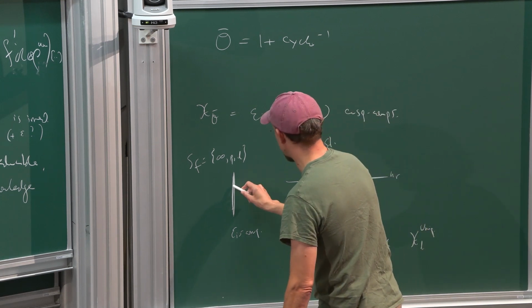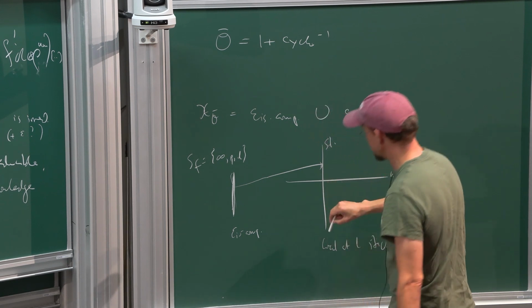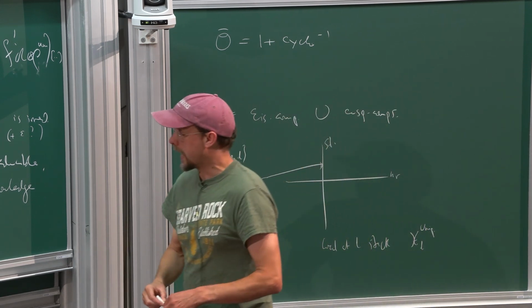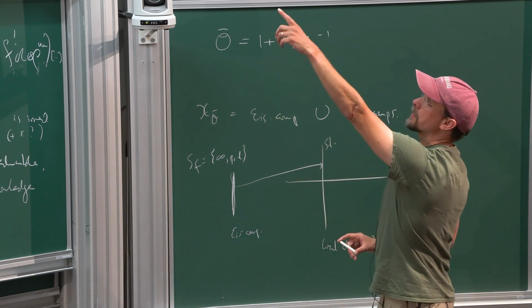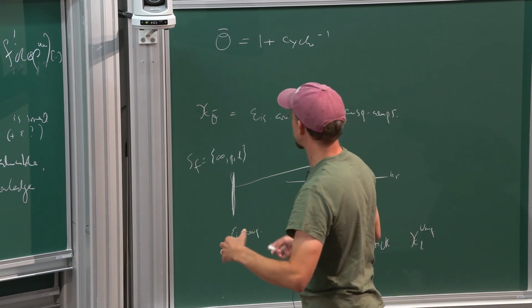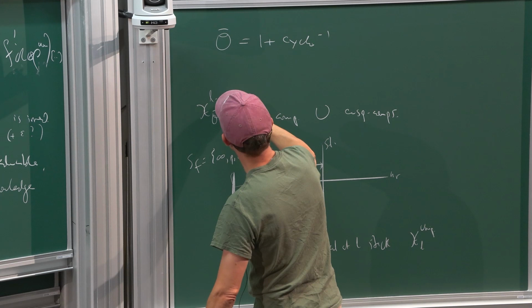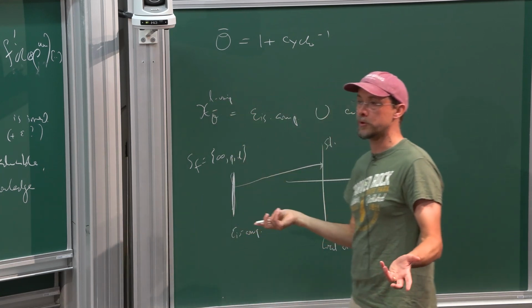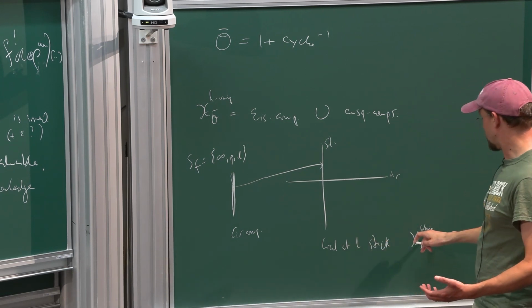And this line will map to this line. And when you think about what the Gothic A will be, maybe here I'm imposing a condition, an L unipotent condition, so that I'm mapping to this unipotent at L stack.